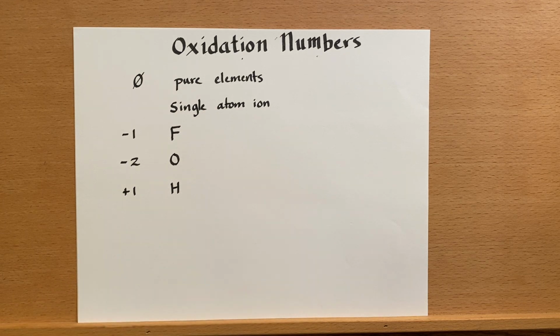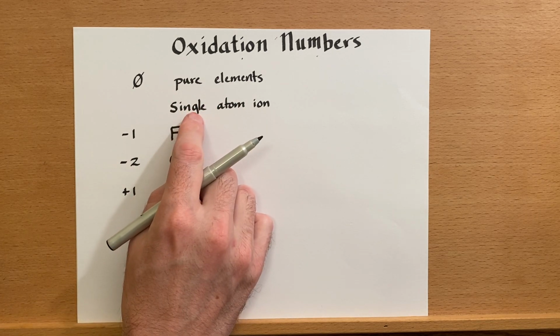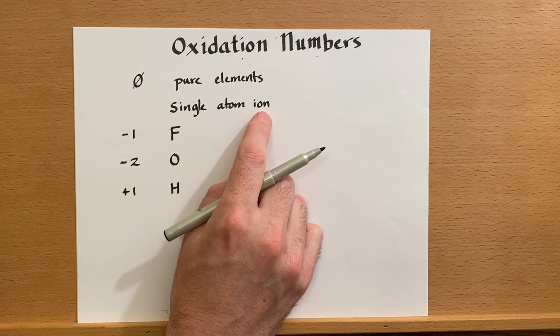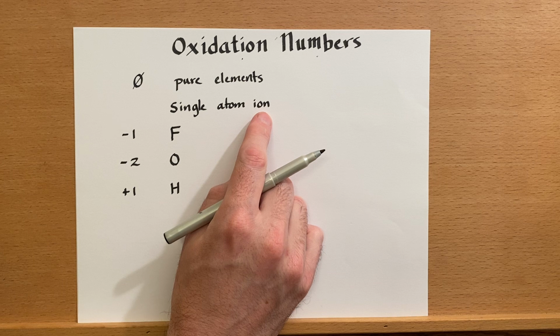That is because it's neither going to unequally share electrons, or it just has all of its electrons available to it.